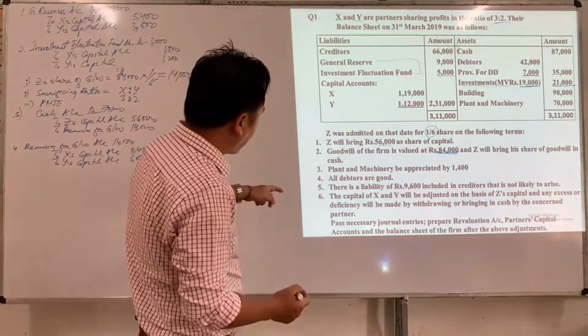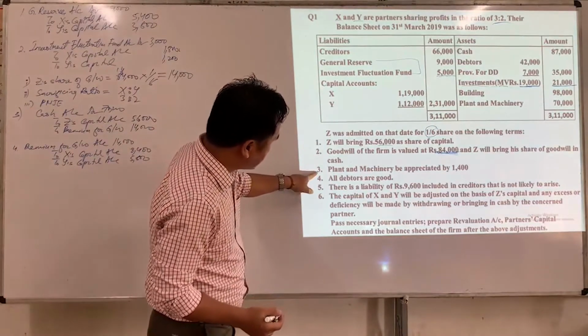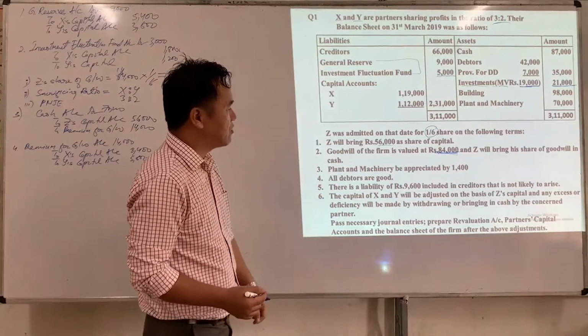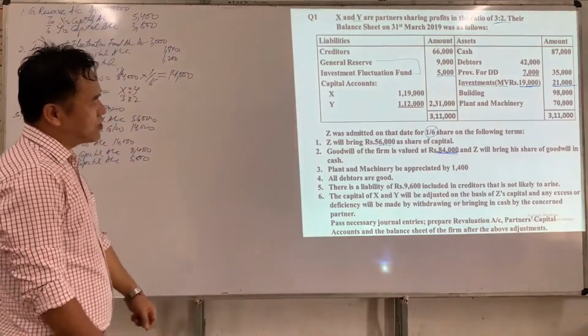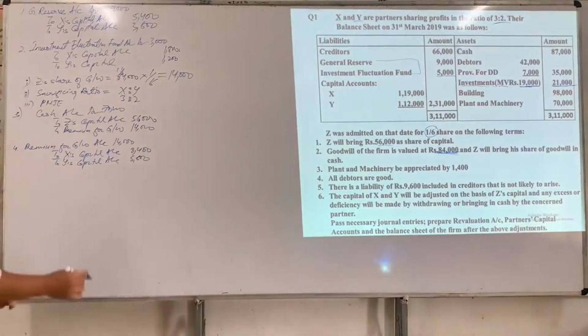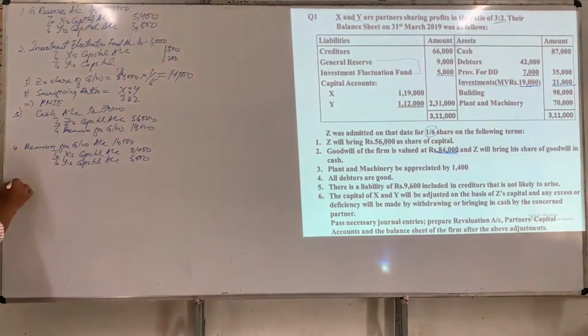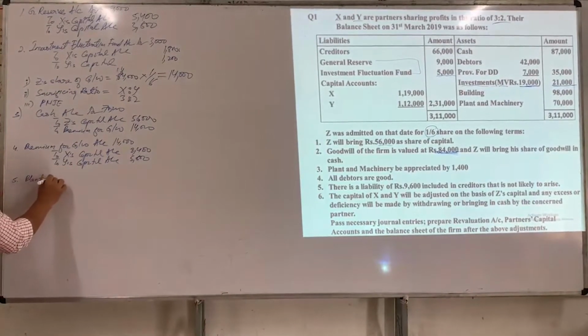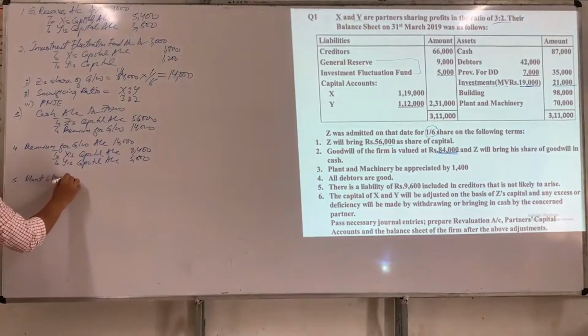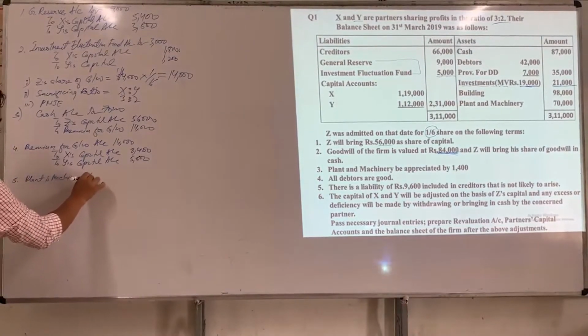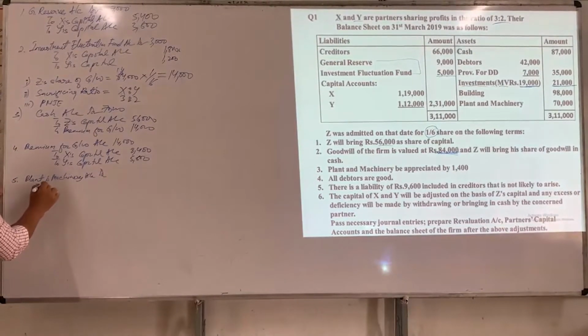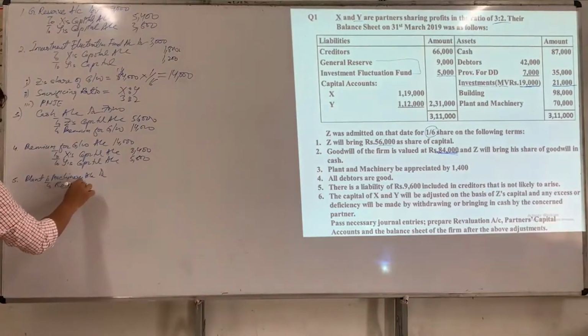Next we have plant and machinery appreciated by 1,500. If plant and machinery is appreciated by 1,500, then the journal entry will be plant and machinery account Dr. to revaluation account.